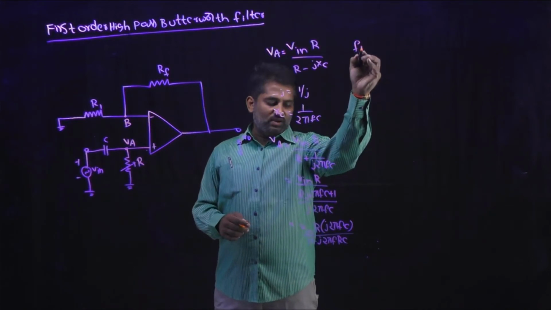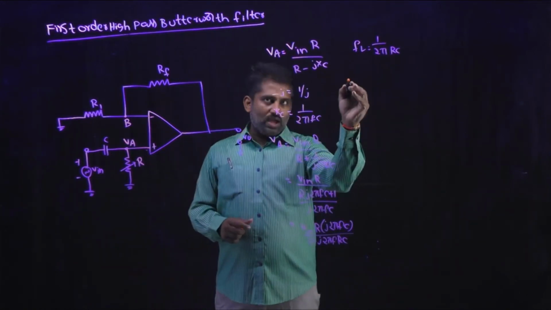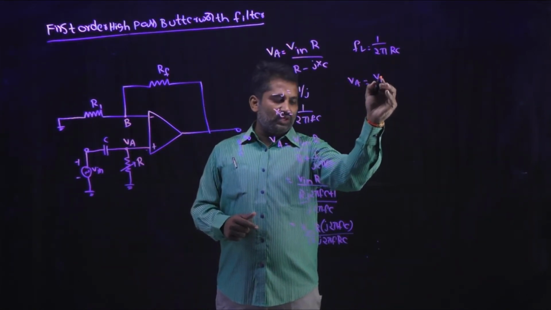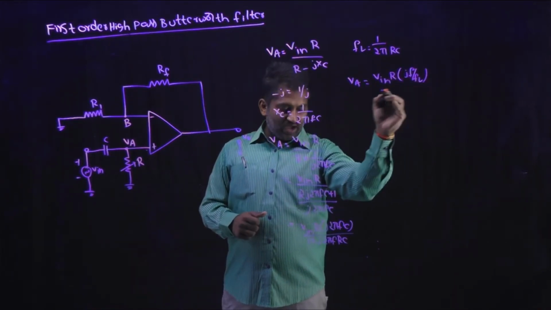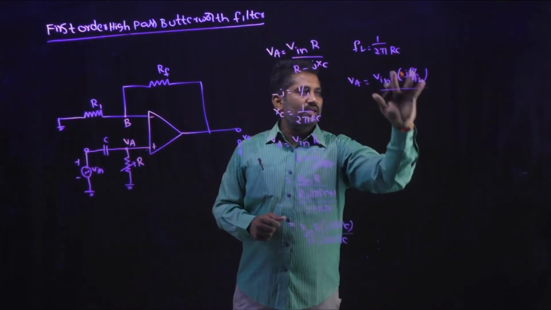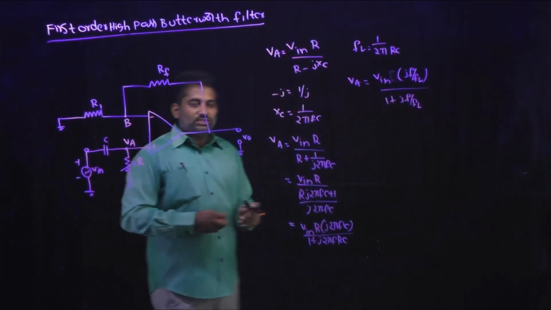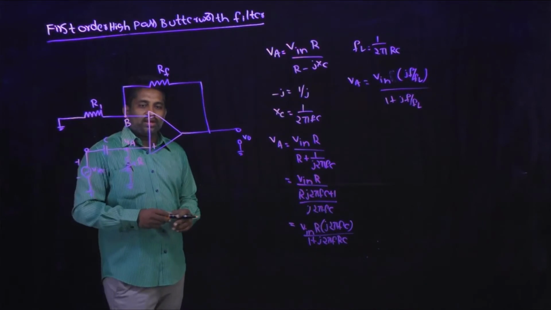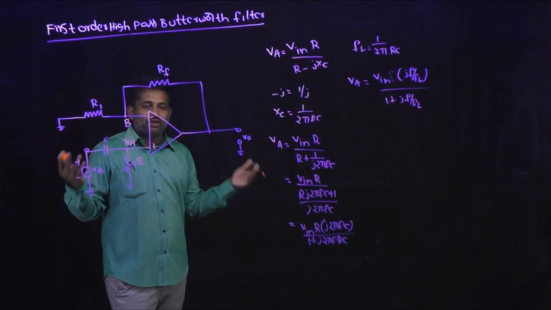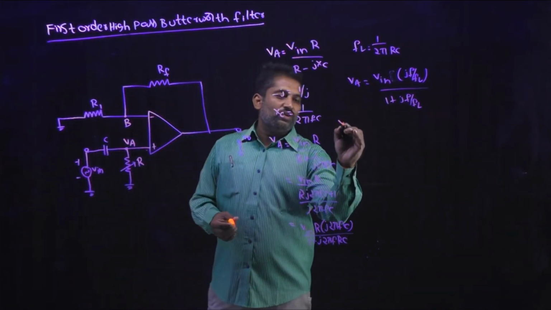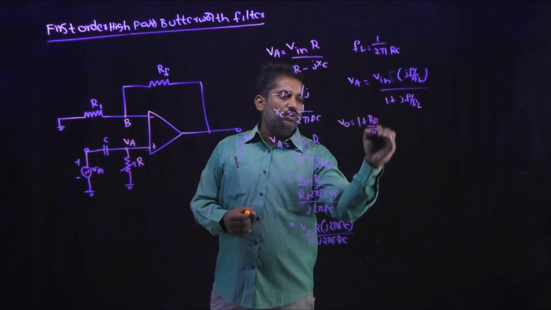Assume FL will be equal to 1 by 2 pi into R into C. So from this VA will be equal to Vin into j into F by FL divided by 1 plus j into F by FL, which is nothing but the potential at node A. Once we know the potential at node A, according to the non-inverting op-amp configuration, what is the output voltage? V0 will be equal to 1 plus RF by R1 into VA.